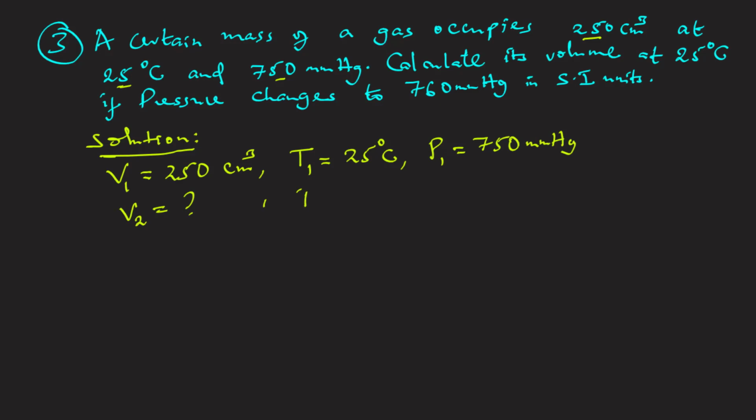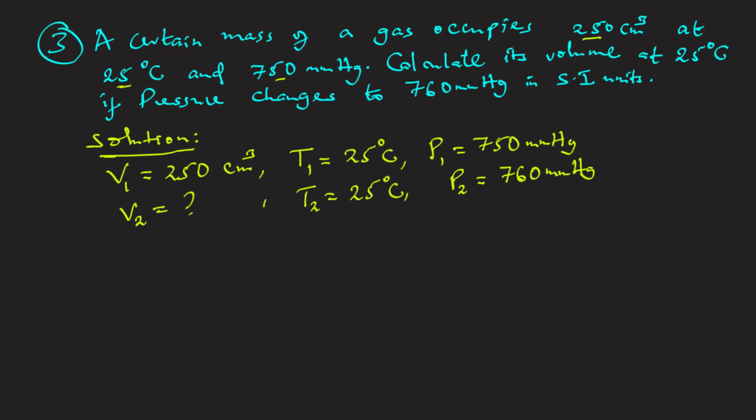At 25 degrees Celsius, T2 is still 25 degrees Celsius, so according to Boyle's law, the temperature is constant. If pressure changes to 760 millimeters of mercury, that is P2.